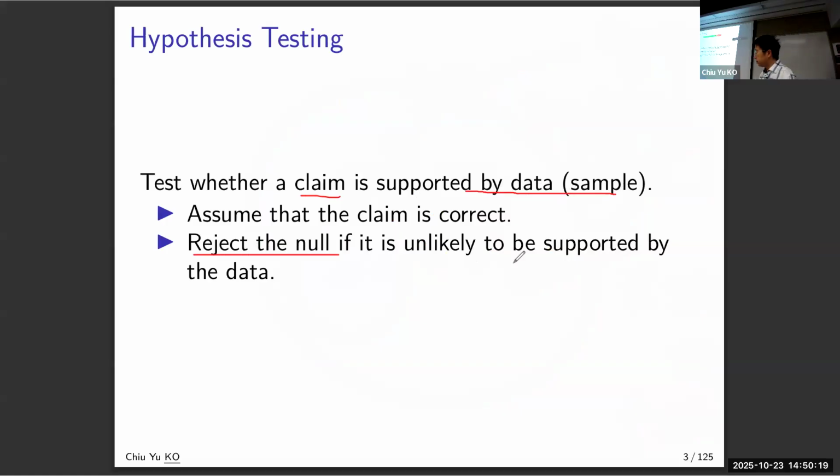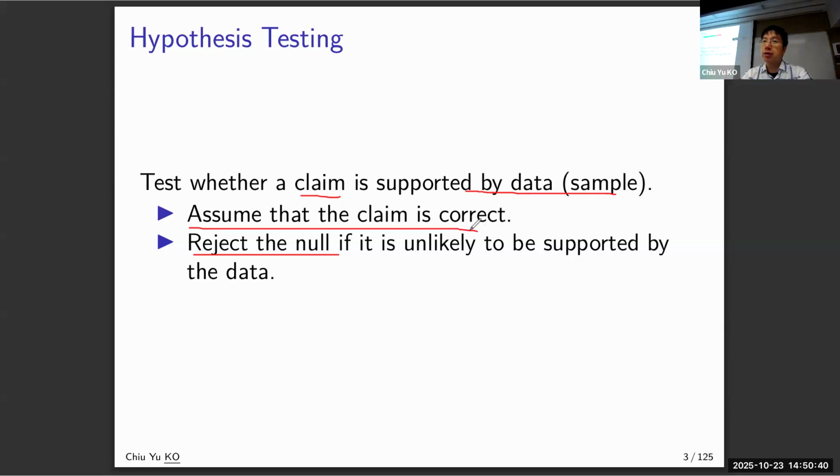So we keep it if it is okay, okay? So we assume it is all right, and reject if not. For those who are in law school or study law, that's very natural in the courtroom system.